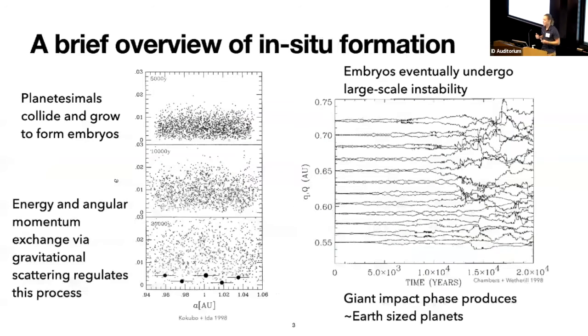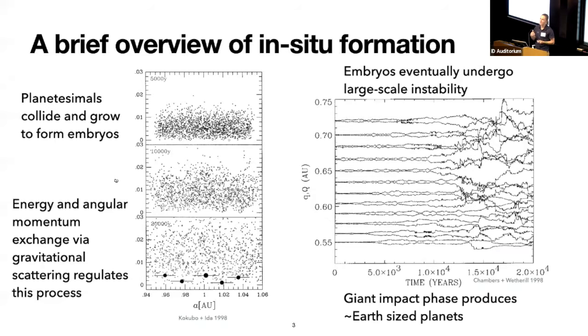To give you a very brief overview of how this works, it's split up into two stages. A lot of previous studies start by modeling a very narrow annulus of planetesimals. The reason for this is you have to take lots and lots of tiny time steps to model this process. What happens is these planetesimals collide and grow, and gravitationally interact.